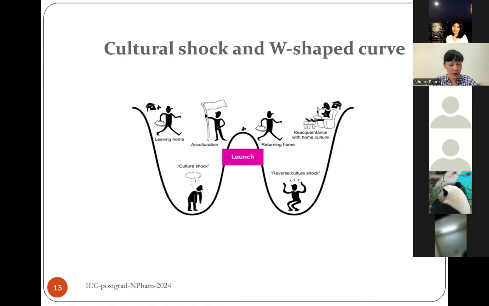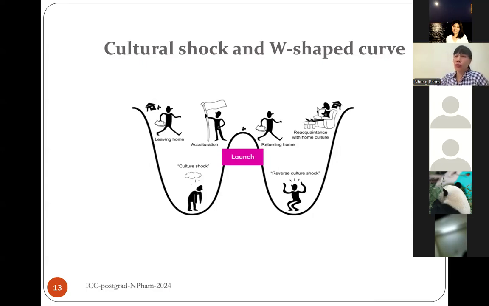Now, W-shaped curve is like twice U-shaped curve. It refers to the process when we encounter a new culture, feeling so excited, so high at the beginning when we leave our home culture and enter a completely new culture.